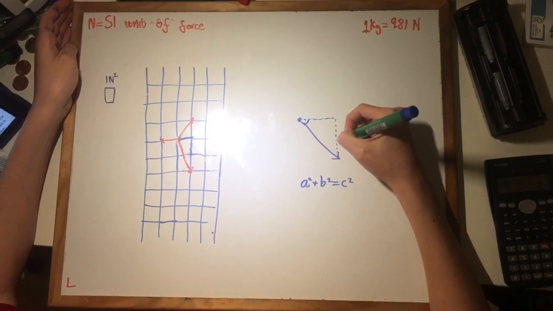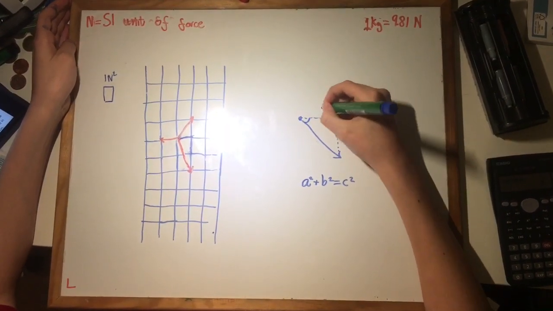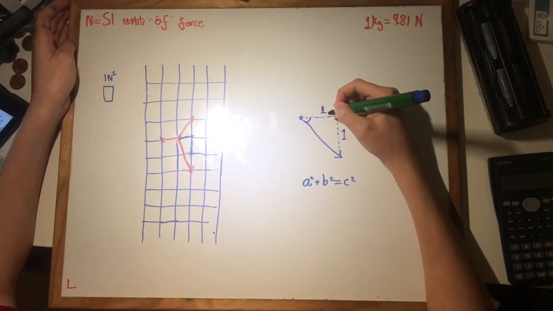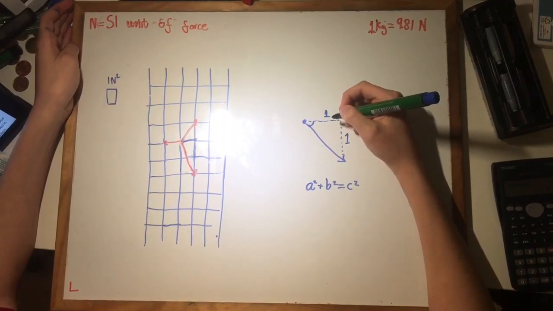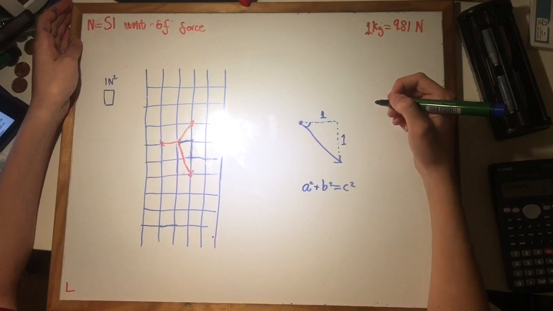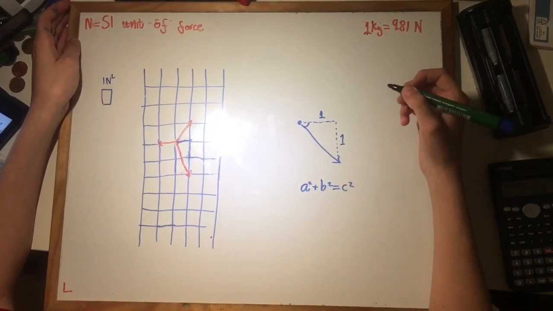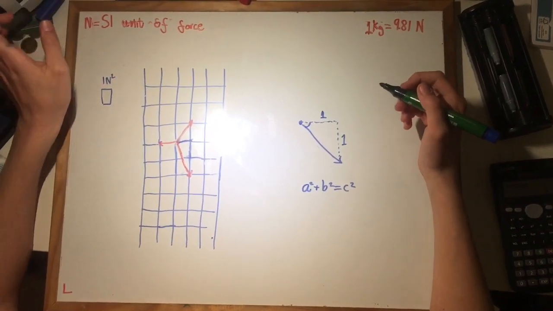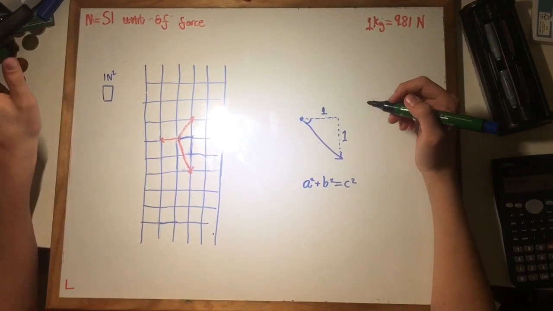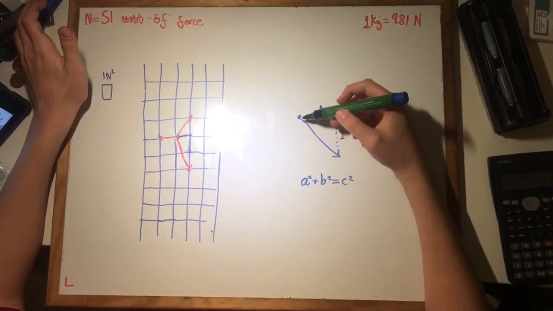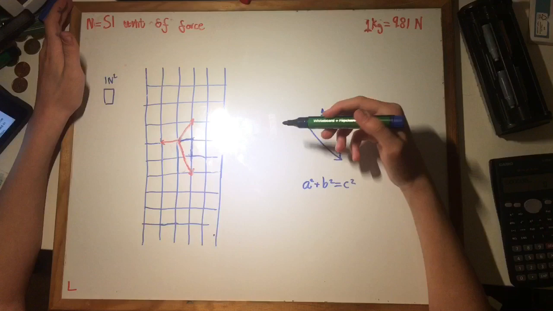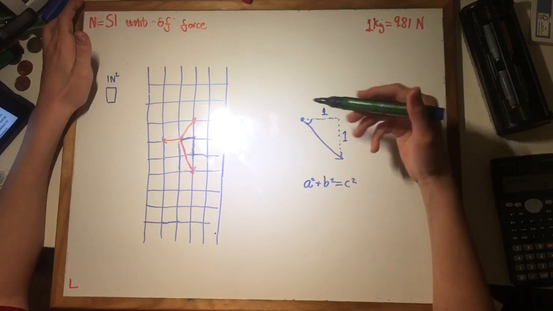So then you could just put it here into the triangle. By combining these two, you could use Pythagoras. And from here, you could simply fill it in to find the force of all these vectors combined.